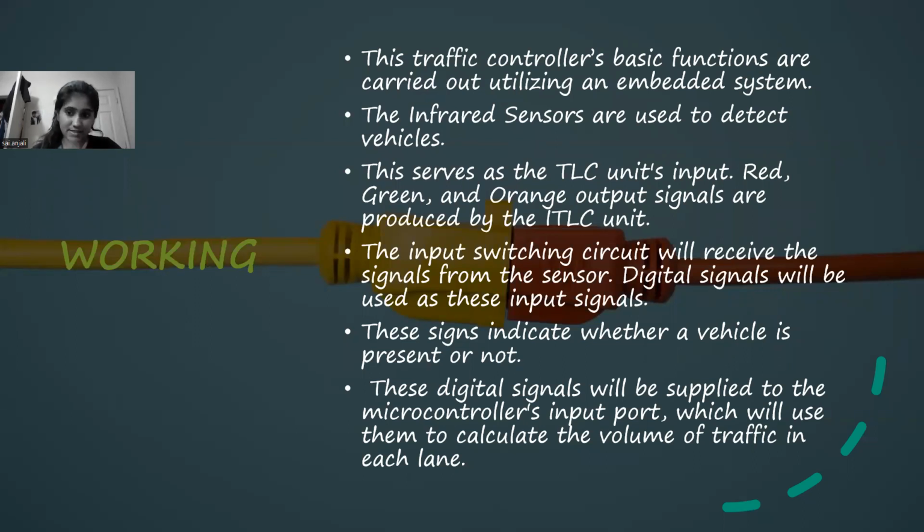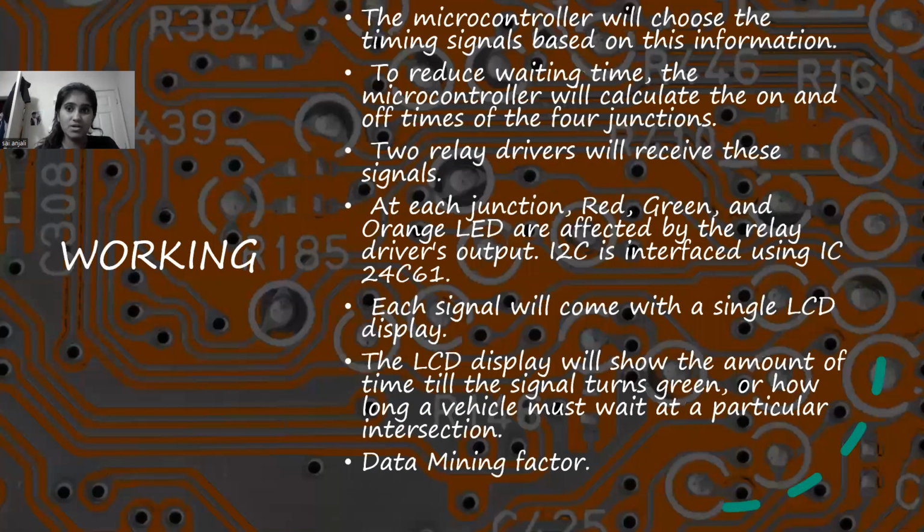These digital signals will be supplied to the microcontroller's input and will be used to calculate the volume of traffic in each lane. The microcontroller will choose the timing signals based on this information, and according to that, at each junction, the signal color, red, green, or orange, can be easily detected and displayed.